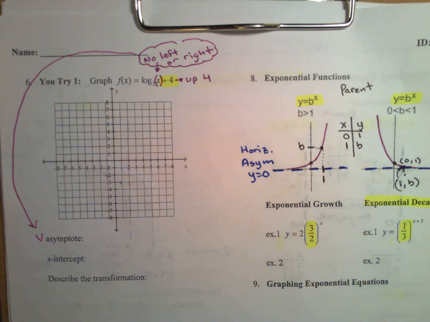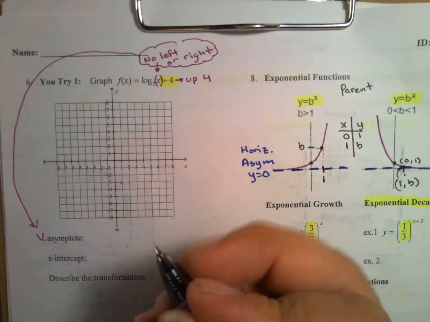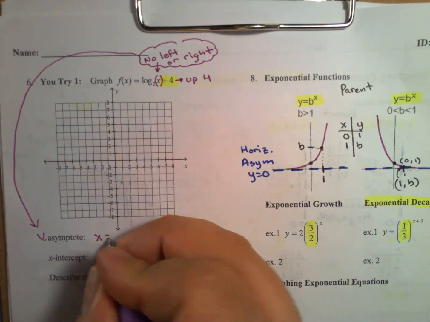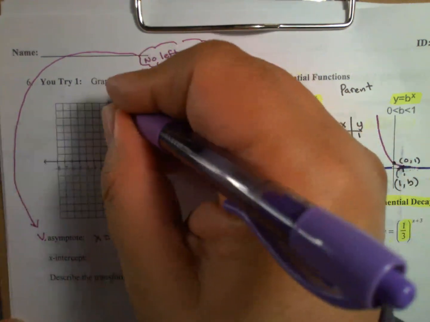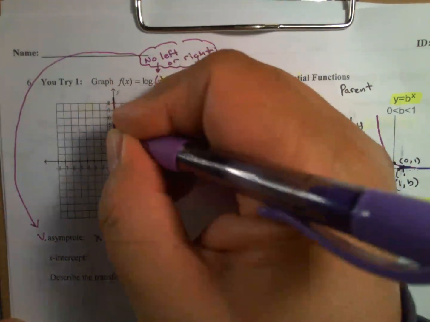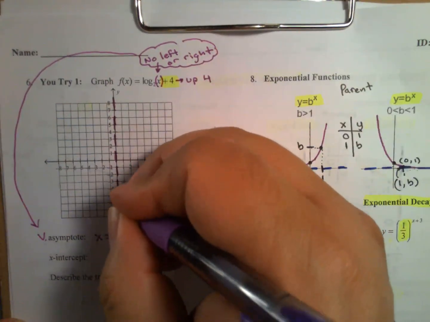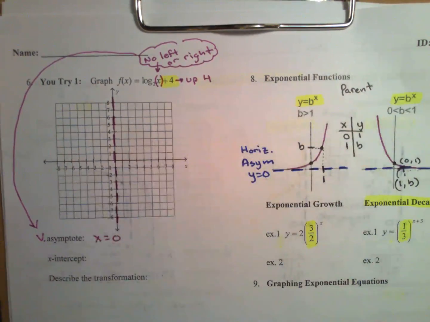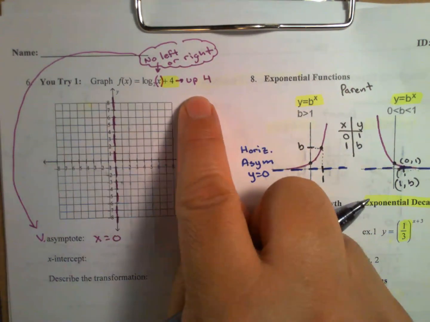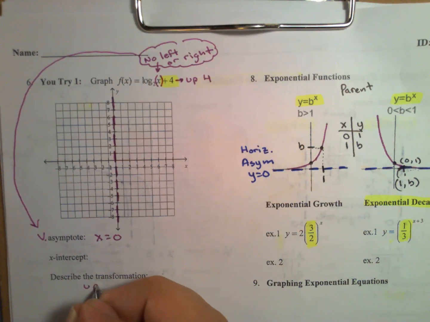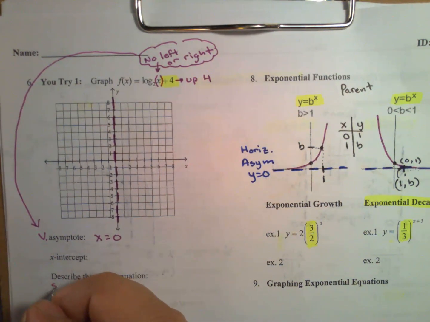There will be no new vertical asymptote, which means it's going to go back to the original of x equals 0. So my vertical asymptote, I can already start drawing it. Since there is no left or right, we're not going anywhere then. That's going to be my vertical asymptote for the rest of the problem. We also said we're going to move everything up 4. So we're going to shift up 4.